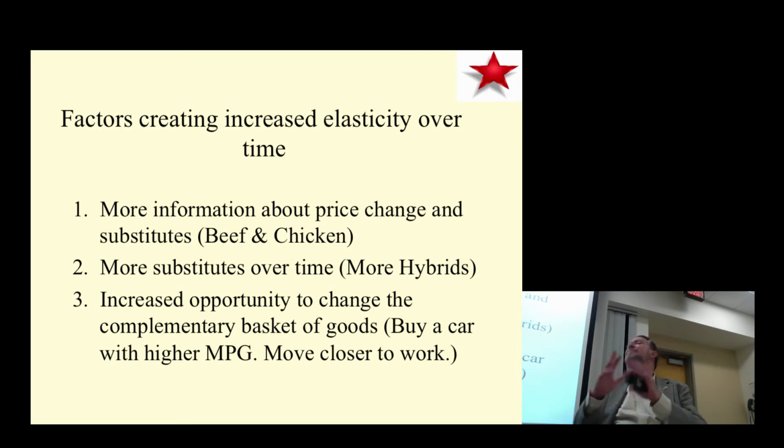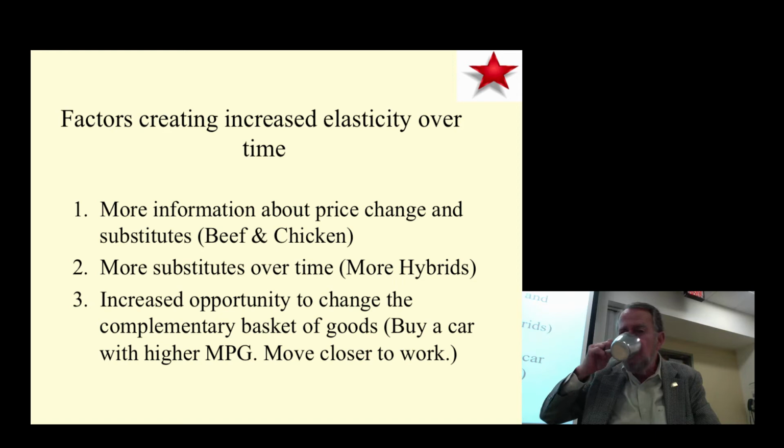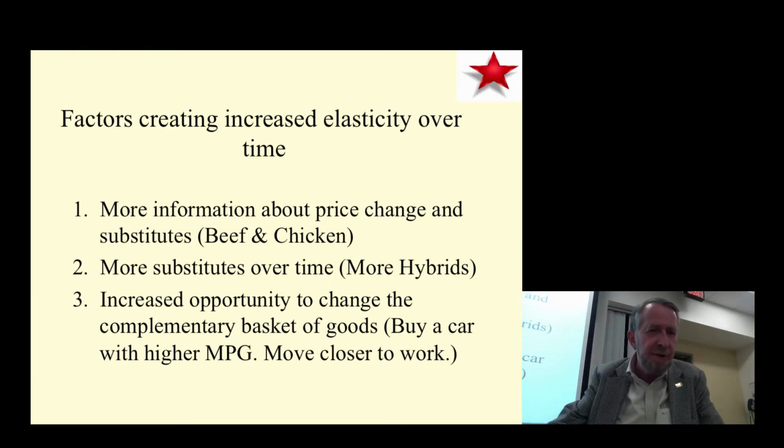Secondly, over time, there tend to be more substitutes available. In 1979, OPEC raised the price of oil and therefore gasoline substantially, and there were price controls in the United States, which led to shortages at various gas stations.